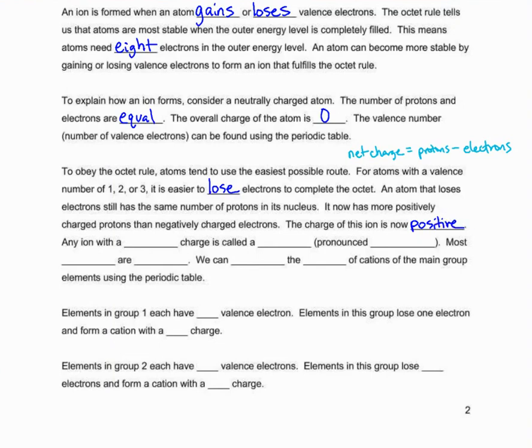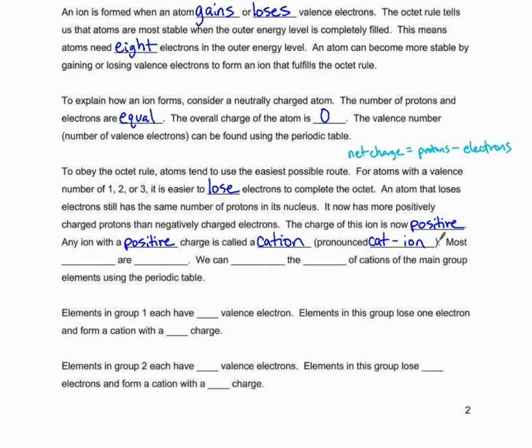Any ion with a positive charge, and this is just a very general term for any positive ion, the pronunciation here is cation. So we're talking about ions.